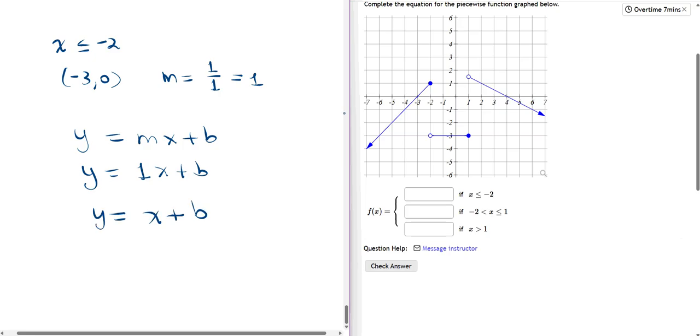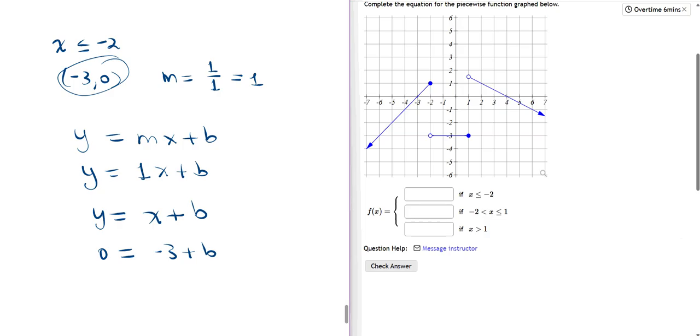Now I can just replace the y with 0 from this point and the x with -3, and then solve for b so that I get b equals 3. So that's pretty nice.